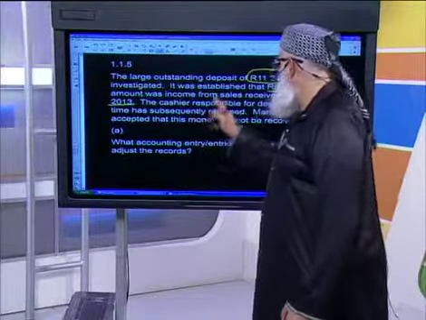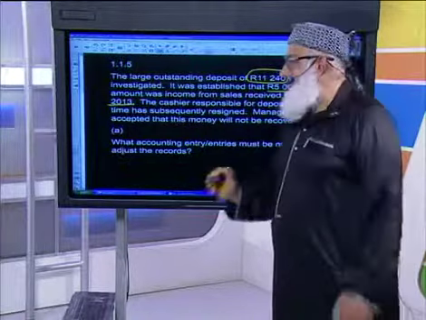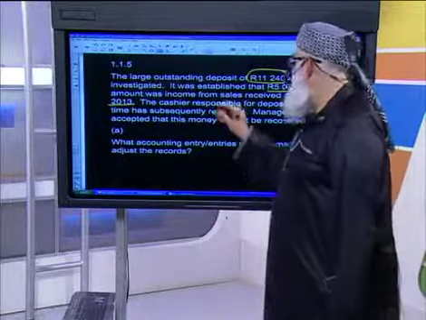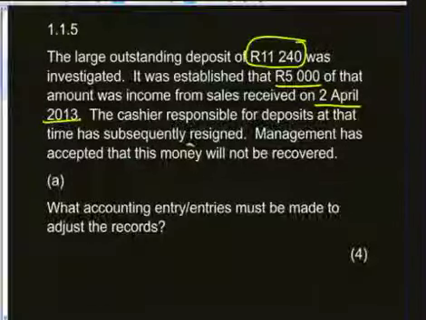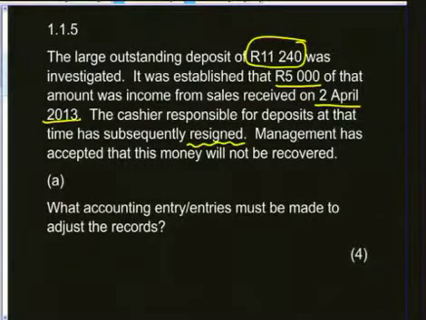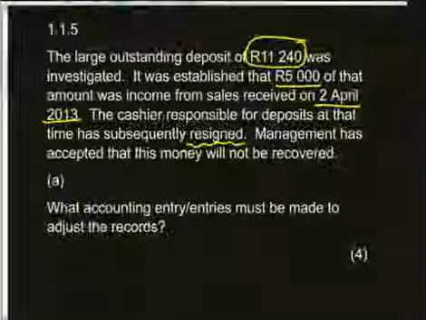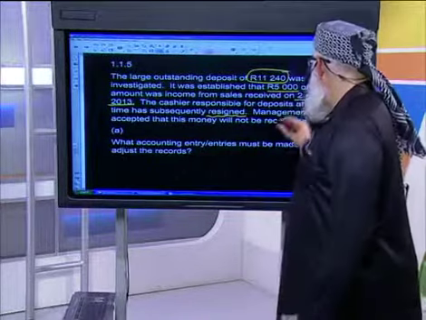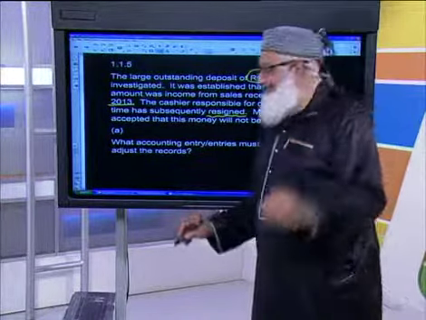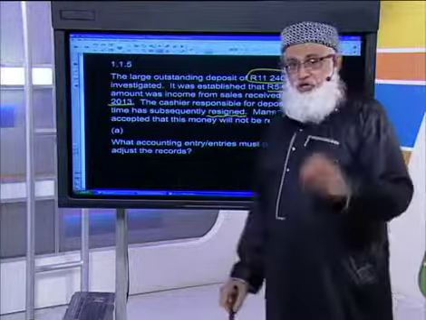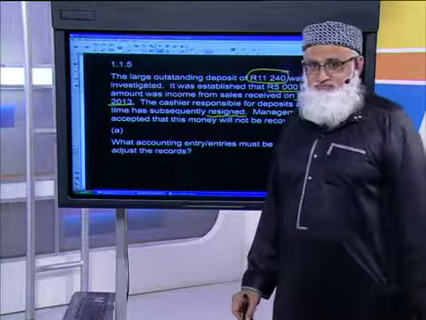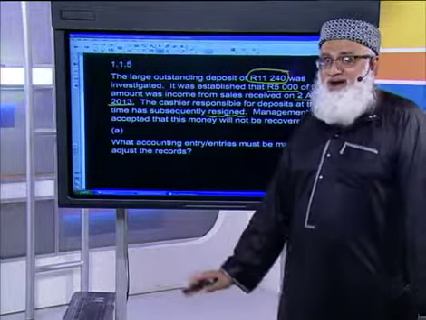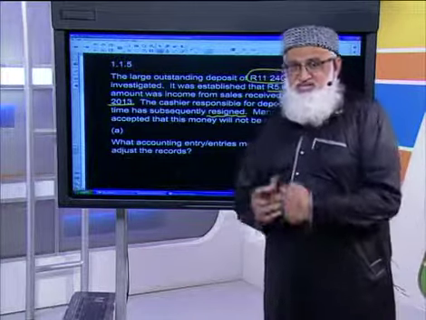The cashier responsible for deposits at that time has subsequently resigned. Smell a rat? Maybe. Management has accepted that this money will not be recovered. Okay? Something has gone awry. There's a problem. Money is missing.